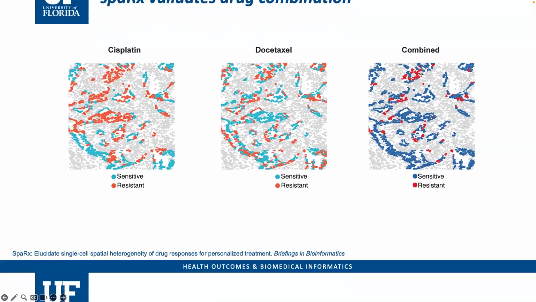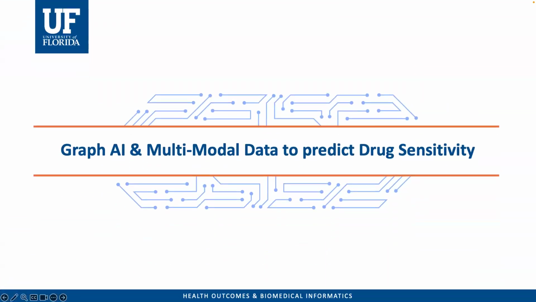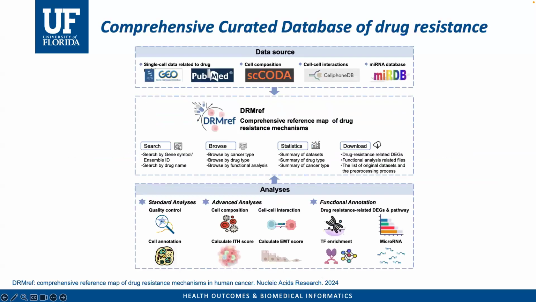And because I have my favorite research topic on drug sensitivity and resistance discovery, on top of my previous work, we also continue to work on this topic using graph AI and multimodal data. Here is a more recent work, where we have been using graph-based large language models.